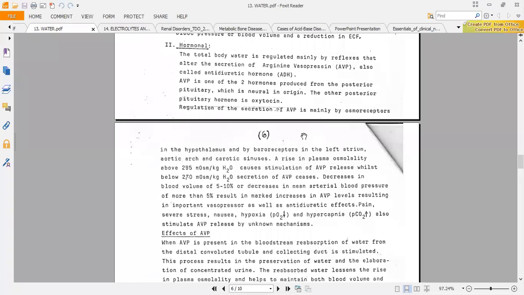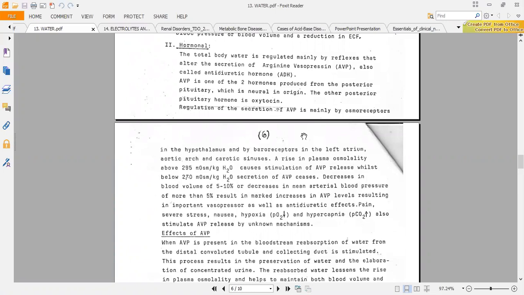Good. There is also another potent stimulant of ADH, which is hemorrhage. Okay, and this is for the clinical year students who have joined. When you read the book, it says that hemorrhage, or someone who is bleeding, is also a potent stimulant of ADH. So I've given you factors which cause ADH to be released.